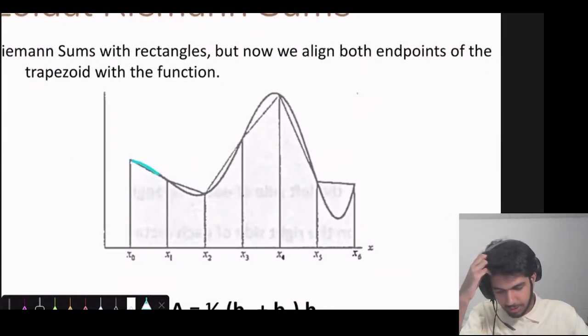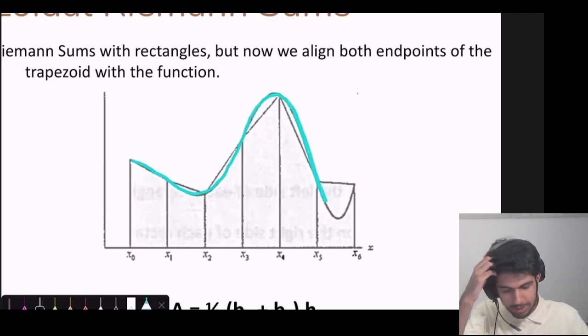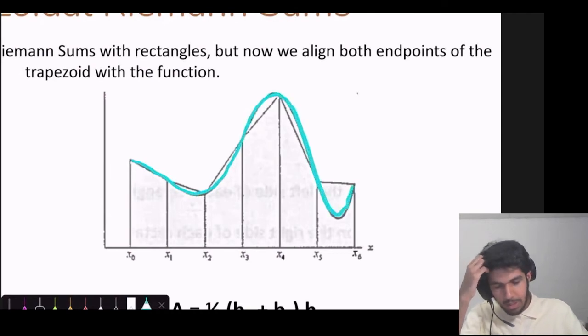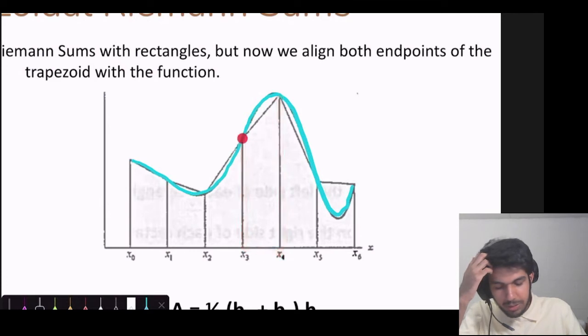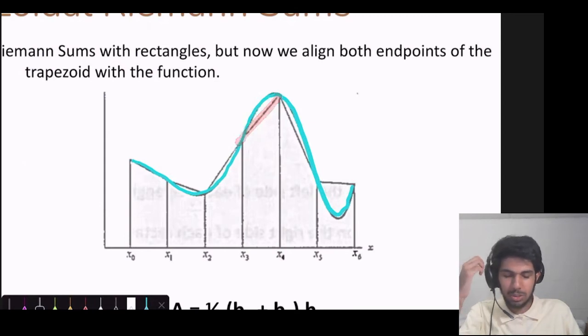I'll try to redraw the function because it being gray does not help very much. Let's take a look at this trapezoid here. These are two sides of the trapezoid. The base stays the same, and we align each endpoint of the sides with the function and then connect them with a straight line.